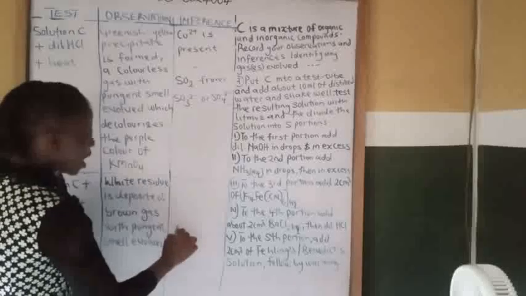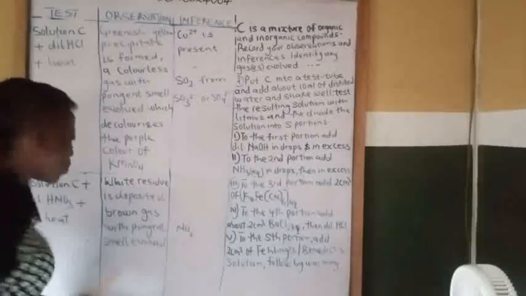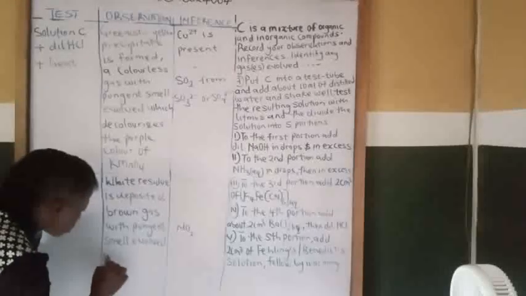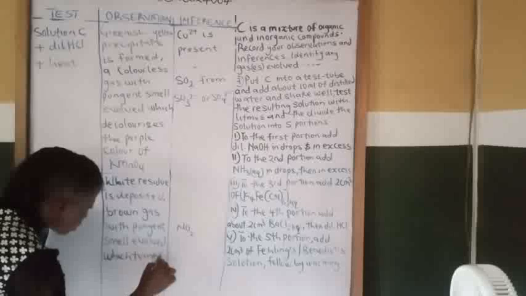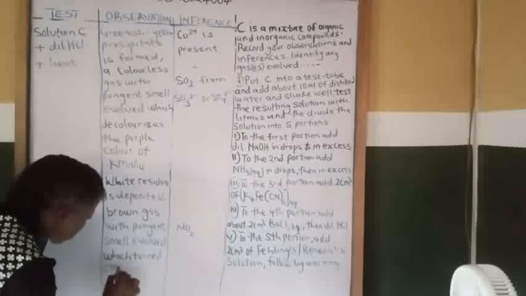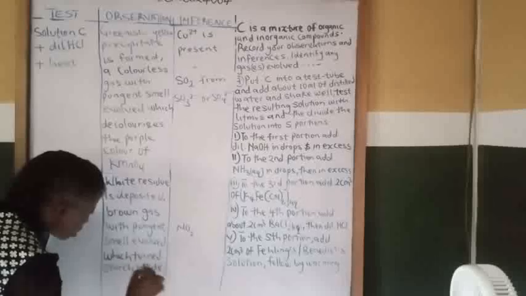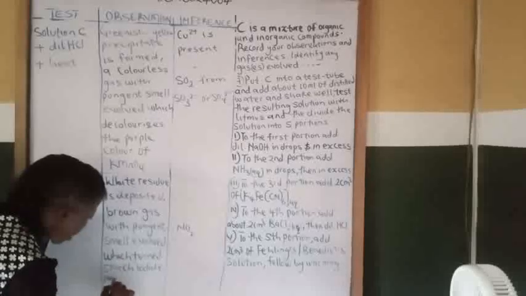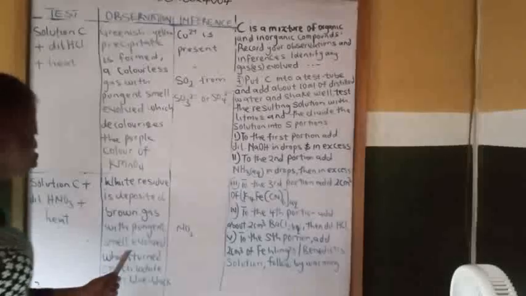Then how can we test for NO2 gas? So we use starch iodide paper. So you now say which turns starch iodide paper blue black.